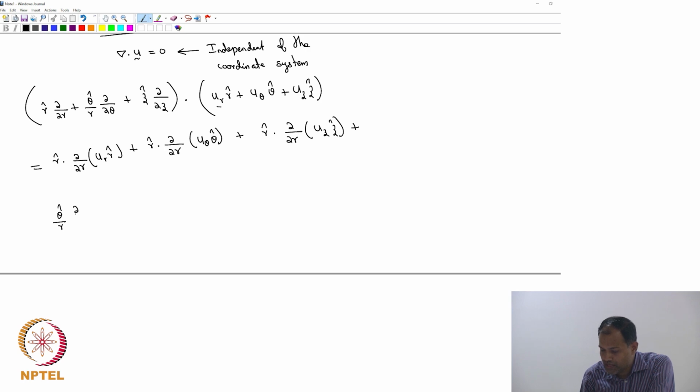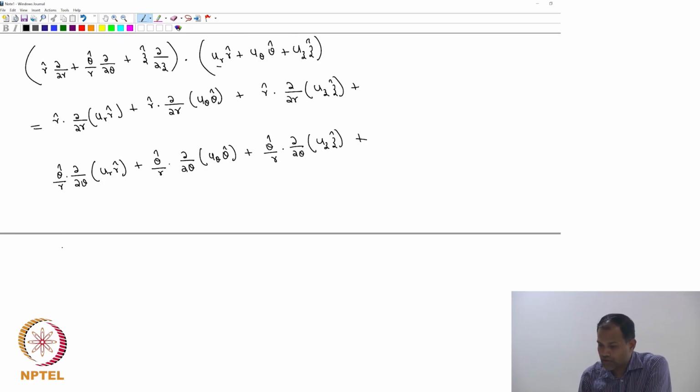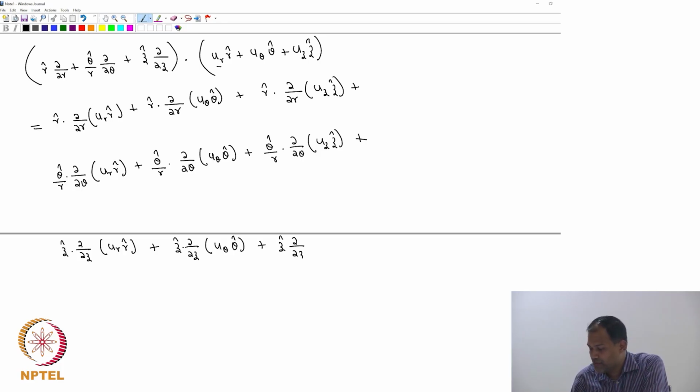theta cap divided by r del by del theta. So theta cap dotted with del by del theta of u r r cap plus theta cap by r dotted with del by del theta of u theta theta cap plus theta cap by r dotted with del by del theta of u z z cap plus z cap del by del z dotted with u r r cap plus z cap del by del z dotted with u theta theta cap plus z cap del by del z dotted with u z z cap.